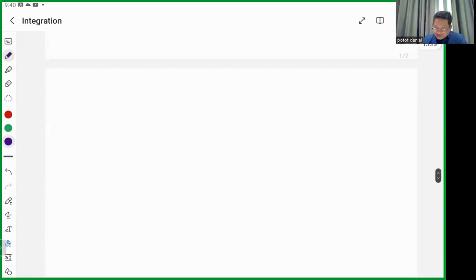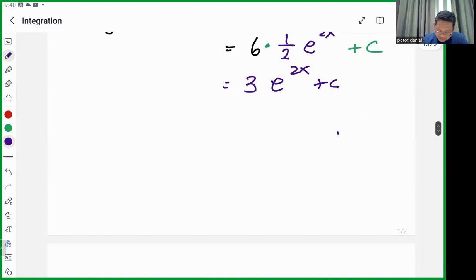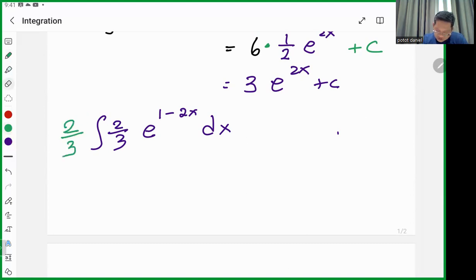Let's say, for example, that I have the integral of a fraction, 2/3, times e to the 1 minus 2x, with respect to x. Again, you just put the 2/3 outside first. Then I will apply the formula.